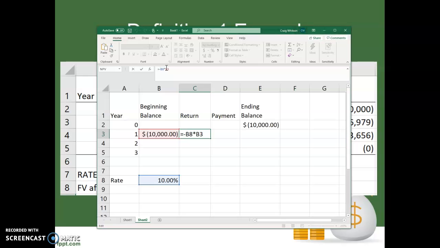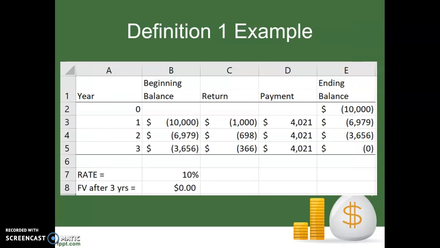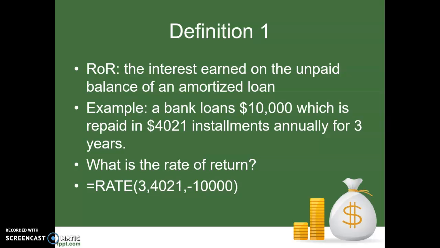I'll just lock in both the column and the row just to be doubly sure. Okay, so that's the return we're receiving on that. Now the payment that the lendee sent us is, I believe it was 4021. Yes, $4,021.